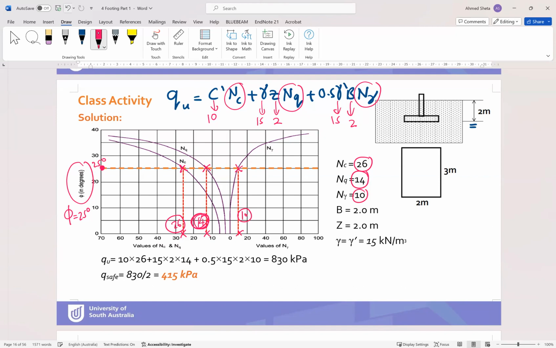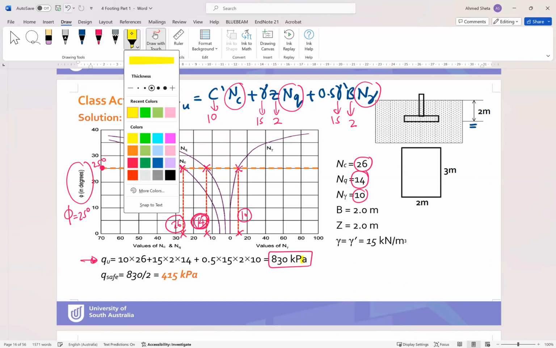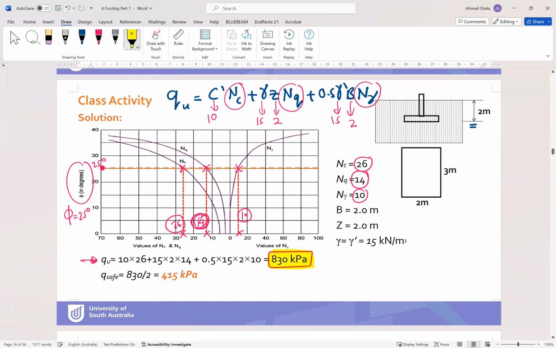So if we substitute in the formula, we will find that Q ultimate is 830. So Q safe equals Q ultimate divided by factor of safety, so we will have a value of 450.